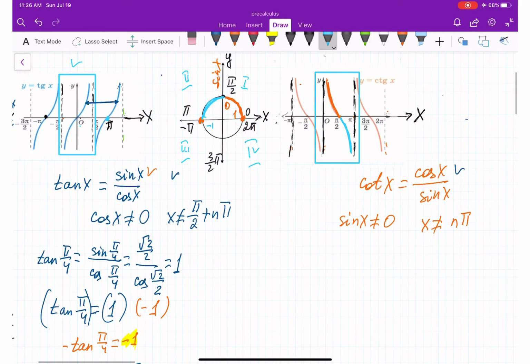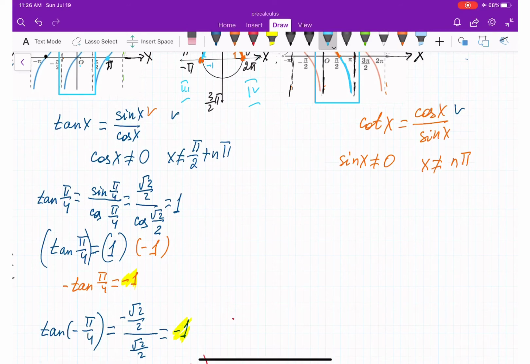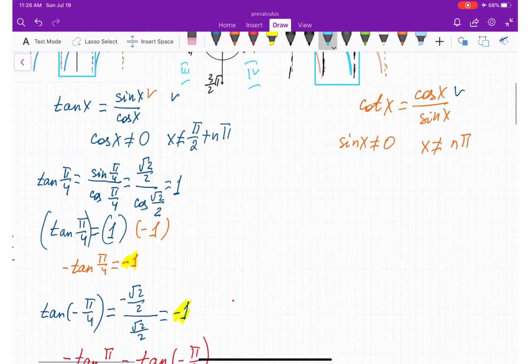Okay, so the same way, if we explore odd or even, it's going to be the same as the tangent we did, which means I'm not going to do the same thing twice. The difference is cosine x over sine x.